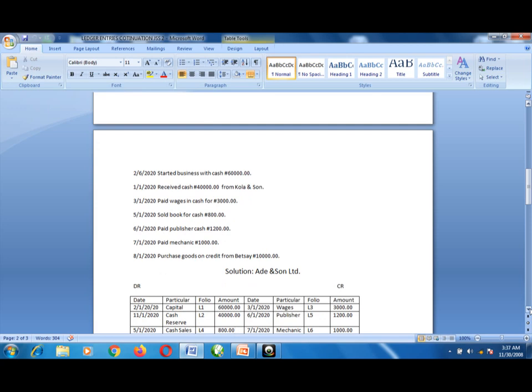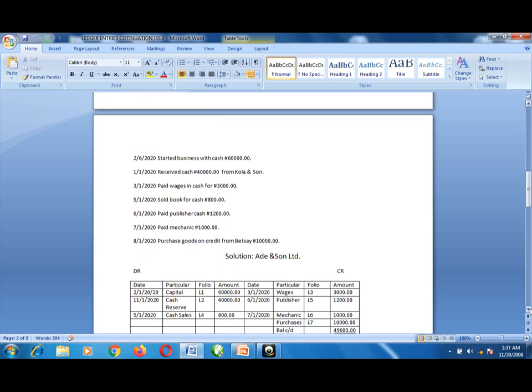It is the cash with him to start the business. Then followed by the second transaction on 1 January 2020, received cash 40,000 naira from Kola. Kola gave him another 40,000 naira. You have to record it at the debit side as well.